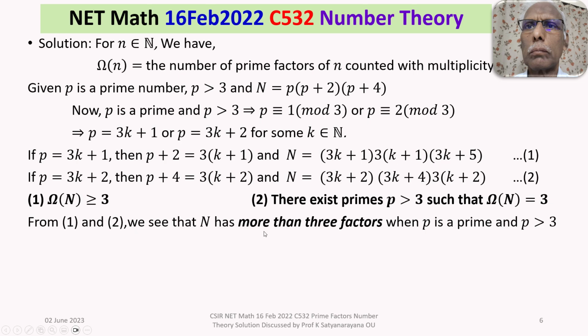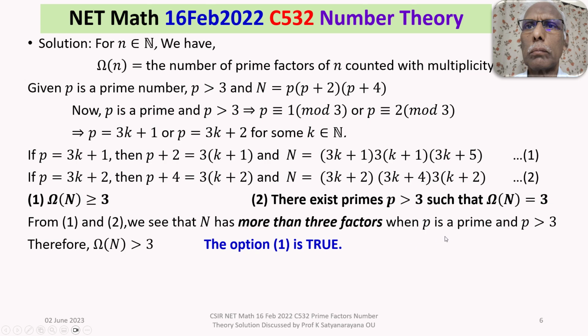Therefore, omega of n, which counts the number of prime factors of n counted with multiplicity, is strictly greater than 3. Therefore, option 1 is true.